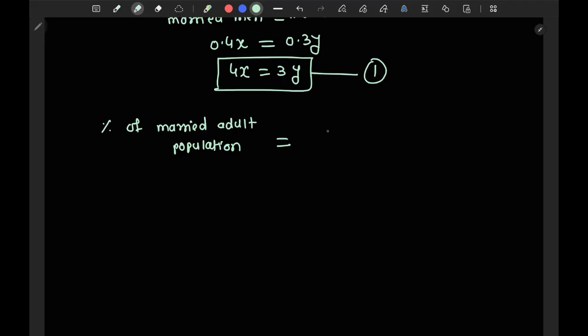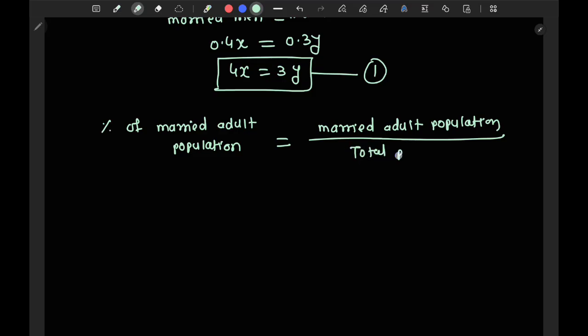The percentage of married adult population is equal to the married adult population divided by the total population, right? This is a simple formula, as we are finding the percentage, so I'll multiply it by 100.